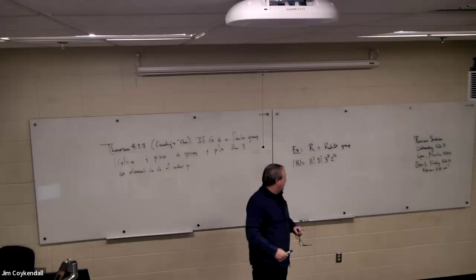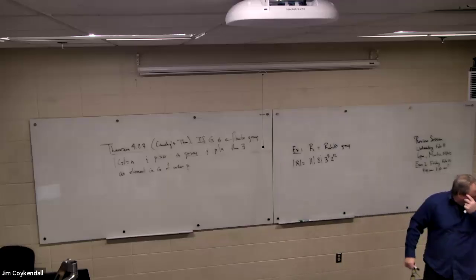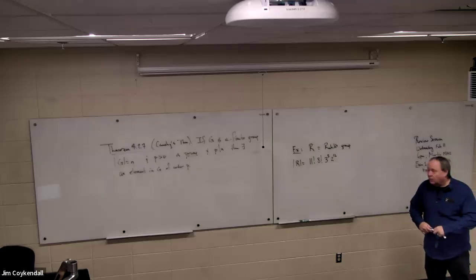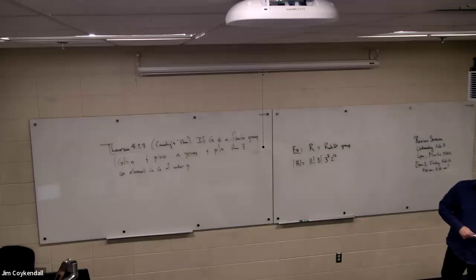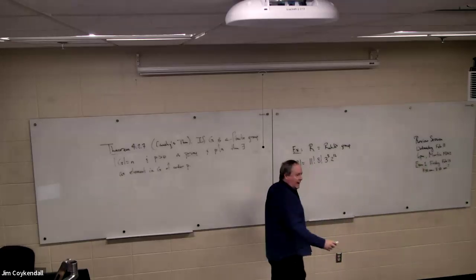Cauchy's theorem tells us, do I know that I've got an element of order 3 to the 8? No, I don't. Actually, for this one I do not have an element of that order, but it's a possibility, and I don't know anything.